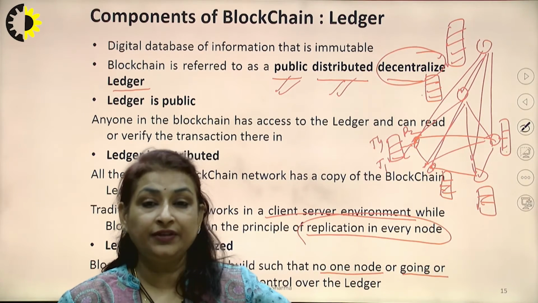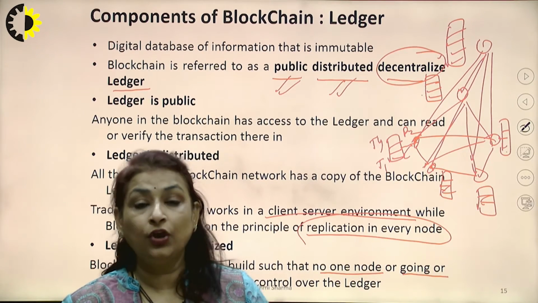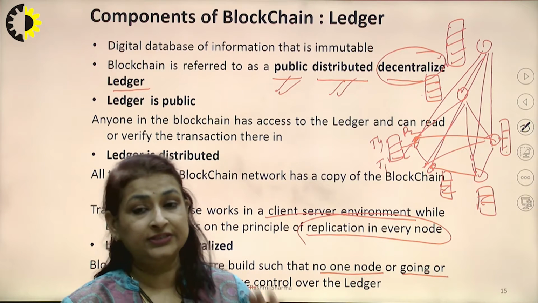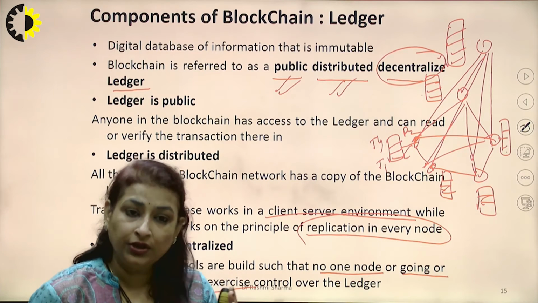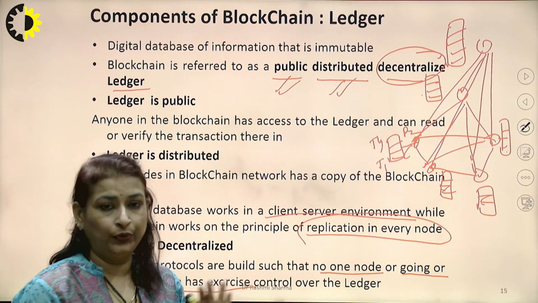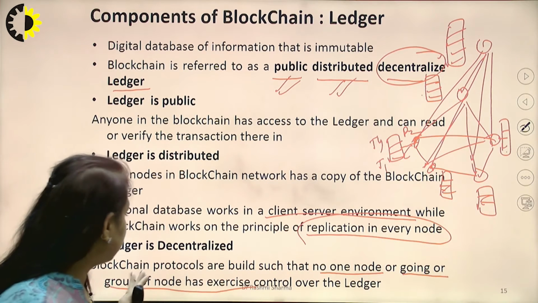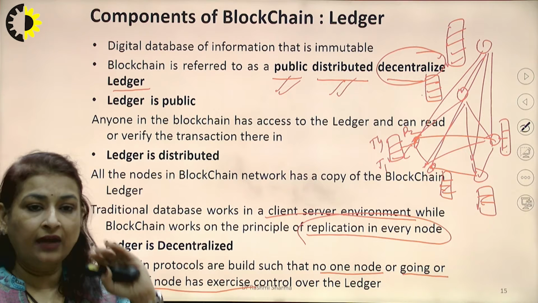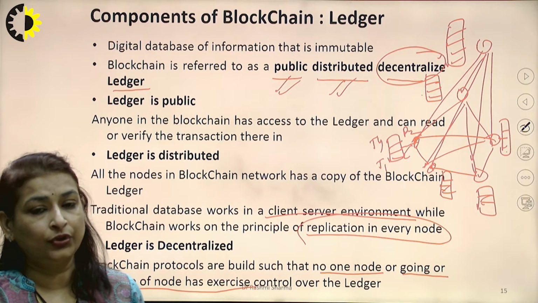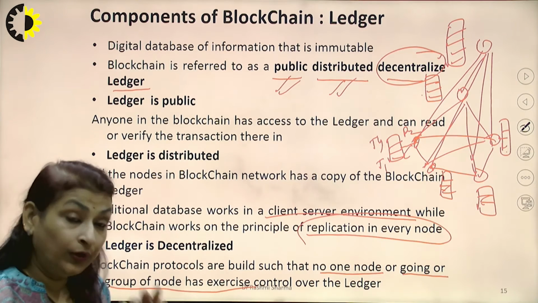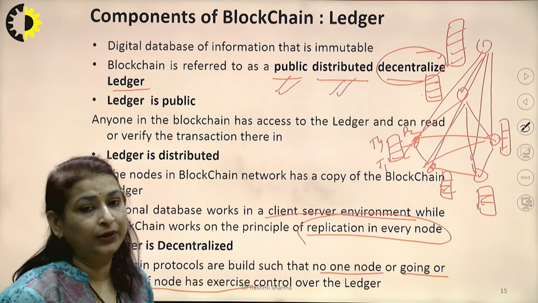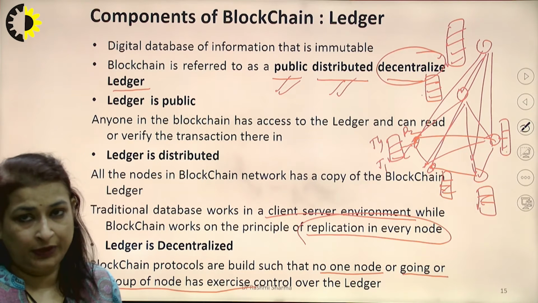The rights are distributed, equally applicable rights. Each and every person has the right to do whatever they want on that blockchain. So this is decentralized. We don't have a single central control authority where only one person has all the rights and exercises them.